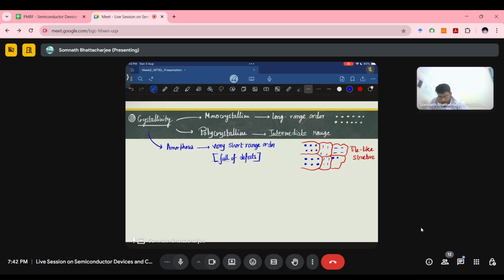From here comes the concept of Bragg's law as well. So what is Bragg's law?